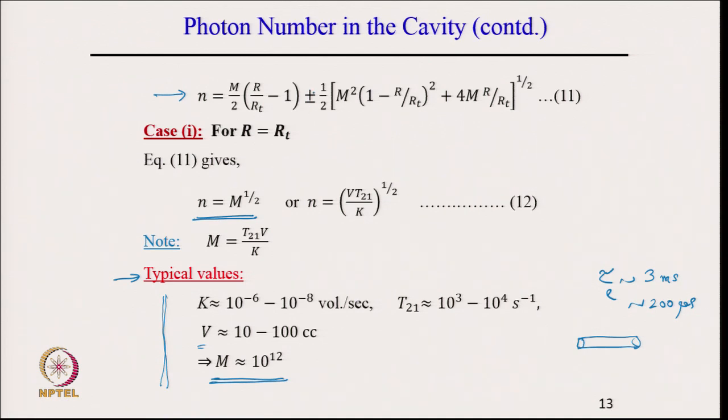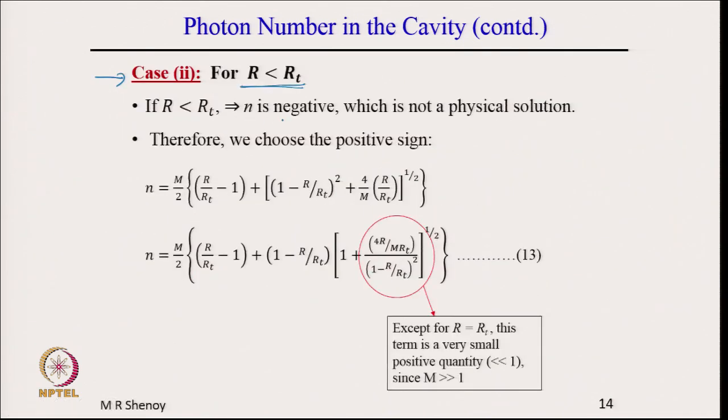One is for r less than r t and the other is for r greater than r t. When I say that n is negative if you take the negative sign, that is not a physical solution, and therefore we choose the positive sign.